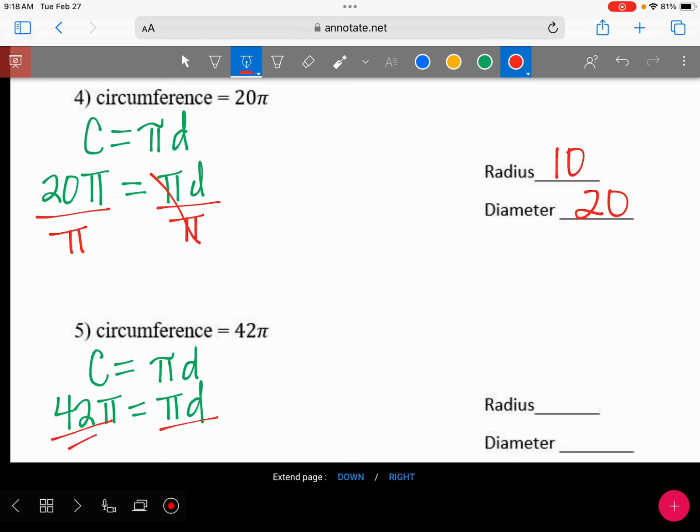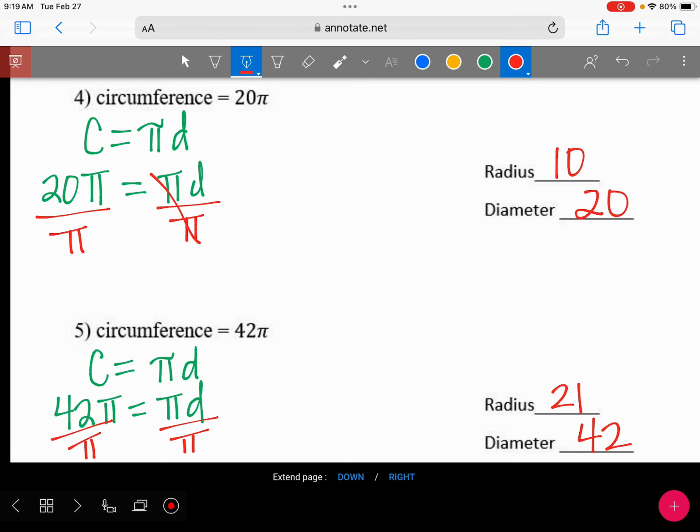Divide both sides by pi. So what did you get for your diameter? 42? Who got 42? Raise your hand if you got 42. All right, so if your diameter is 42, then your radius is half of that. So 42 divided by 2 is 21. And that is it.